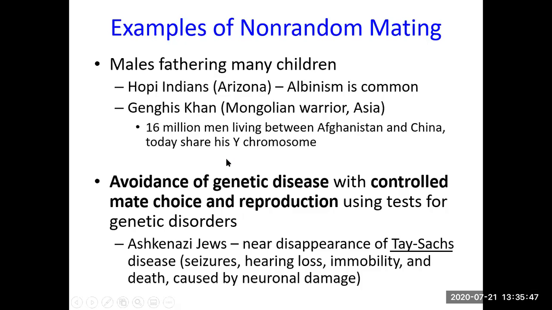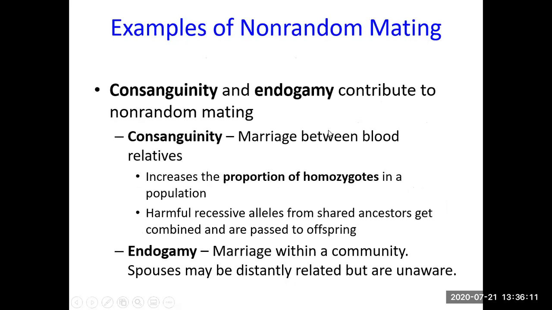It has been detected because of Y chromosome inheritance, okay? Or in the US, if you look at Arizona and the Hopi Indians, albinism is a very common problem there. Albinism is genetically inherited, and it's because of non-random mating. So all of these are non-random mating cases.